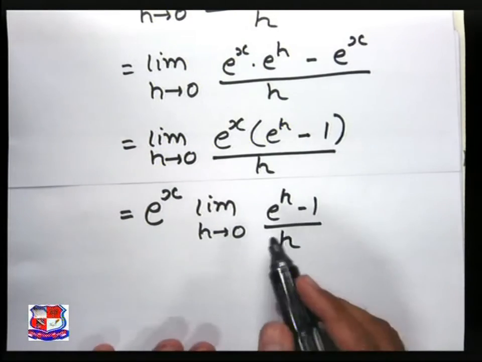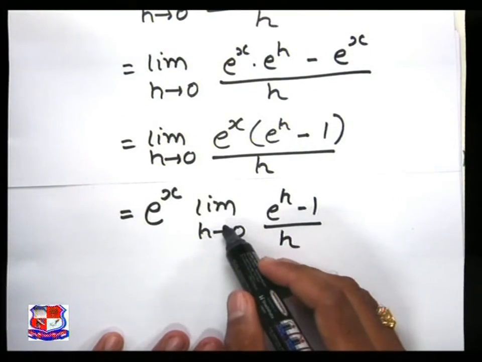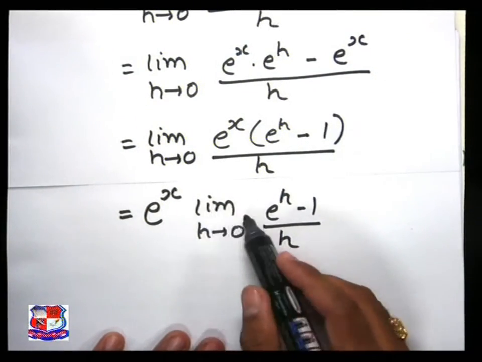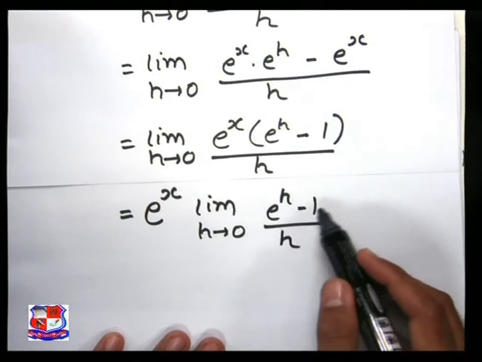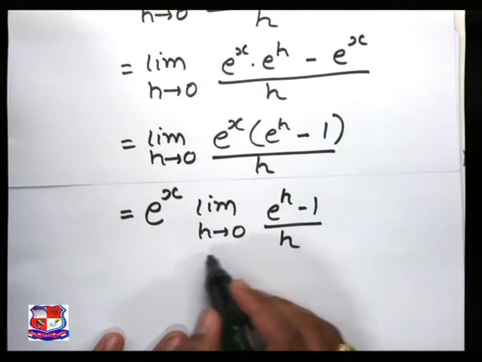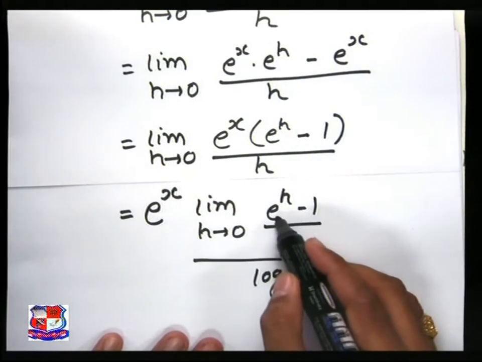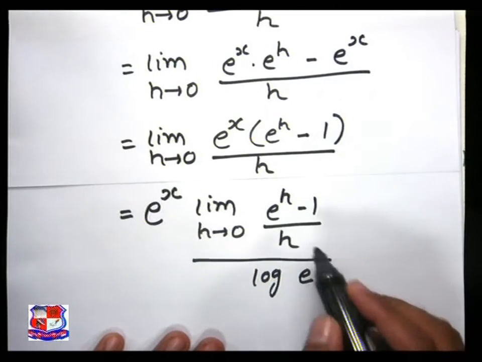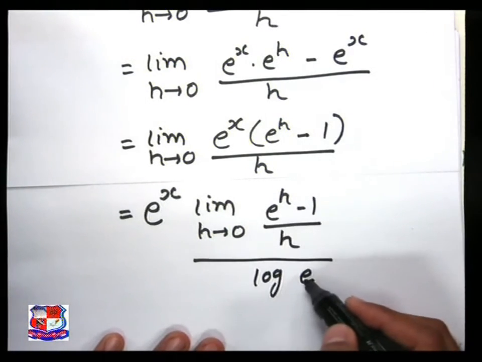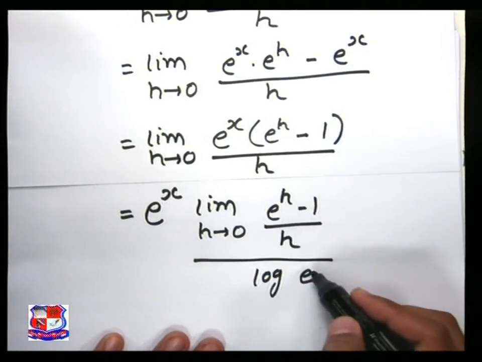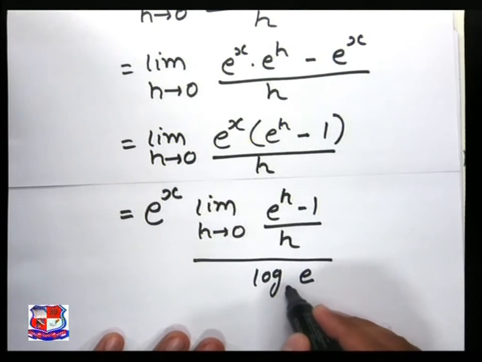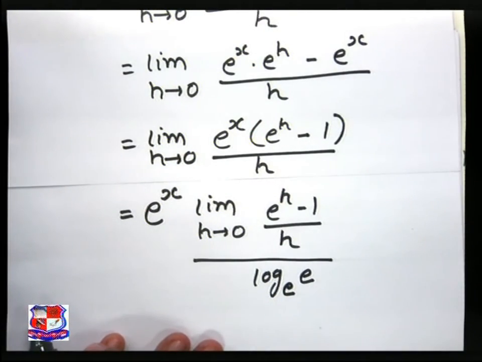So this is the basic formula for the limit h tends to 0, e raised to h minus 1 upon h. Then the answer is log e. In the previous sum it was a, so we wrote log a; if 3 then log 3, if 4 then log 4, but the base must be the same, that is e.